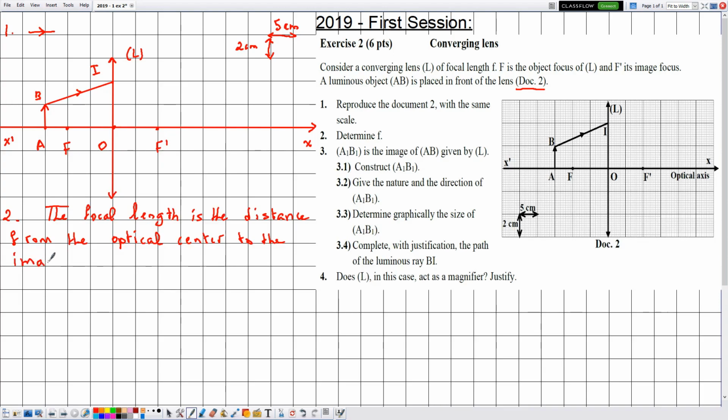So whenever we need to calculate the focal length, we always start by writing the definition. And now let's calculate the focal length. So the focal length is the distance from the optical center, which is the point O, to the image focus, which is the point F prime, and we don't forget the bar because this distance may be positive or negative.